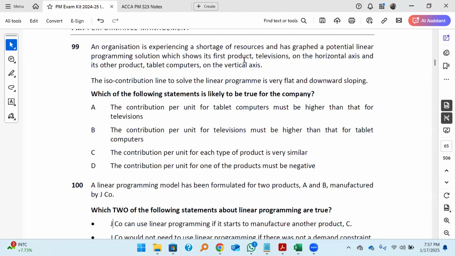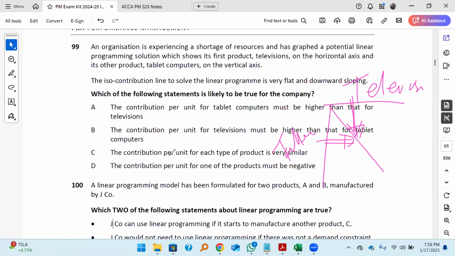So what I was saying is that when you have a line sloping downwards like this, where this is televisions and here I have tablets, it means that for you to reach the same contribution for televisions and tablets, the line has to move down because the tablets have a higher contribution than the television.